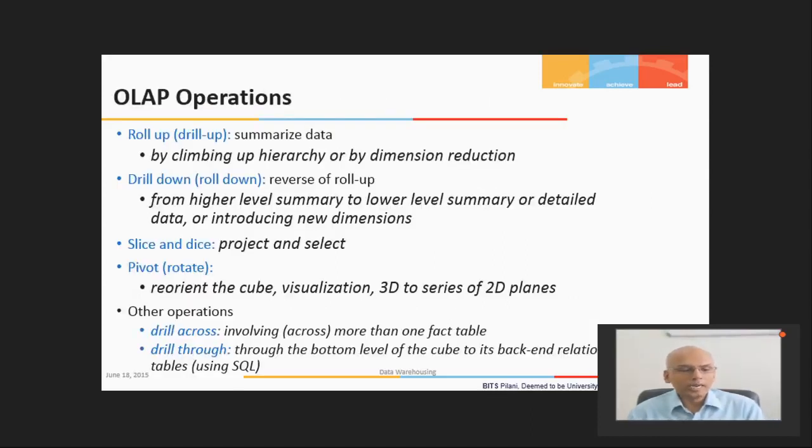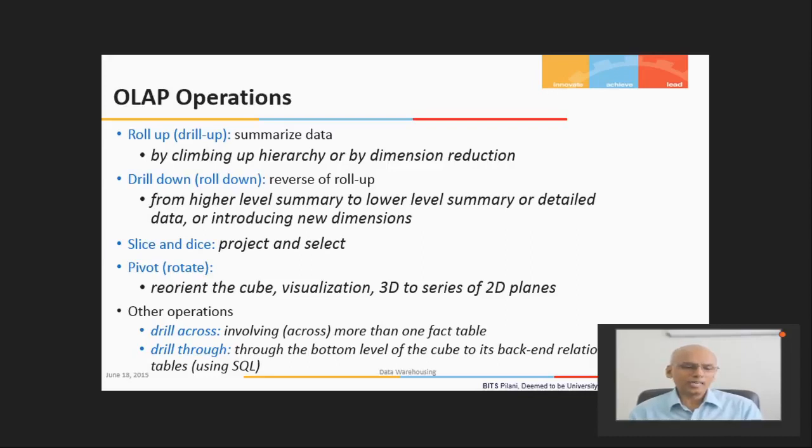Now let's look at the OLAP operations, which help you understand how the multidimensional structures are going to make these operations easier. So the relevant OLAP operations for the analysis are, first, the roll-up.